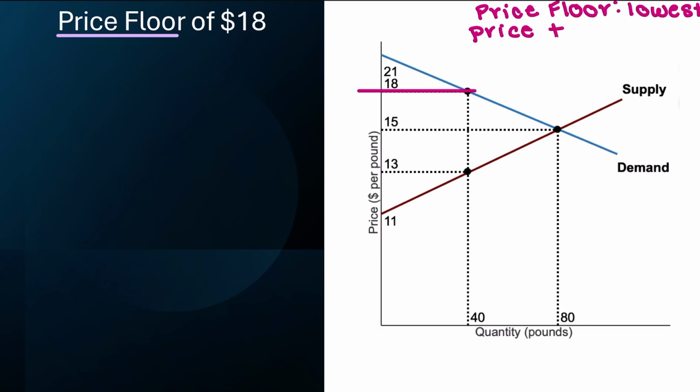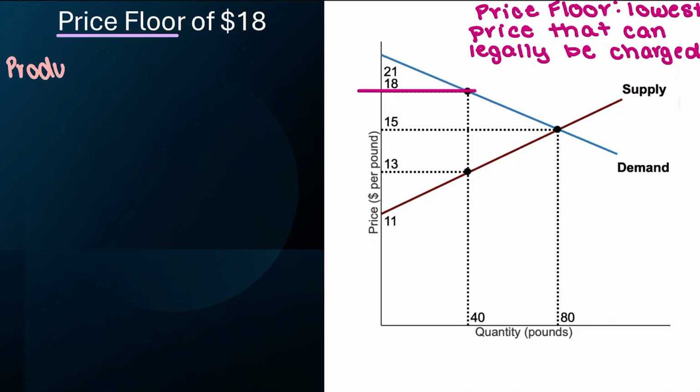Since it's above our equilibrium price, it's binding. So we're again going to calculate producer surplus, consumer surplus, deadweight loss. So we'll start with producer surplus.